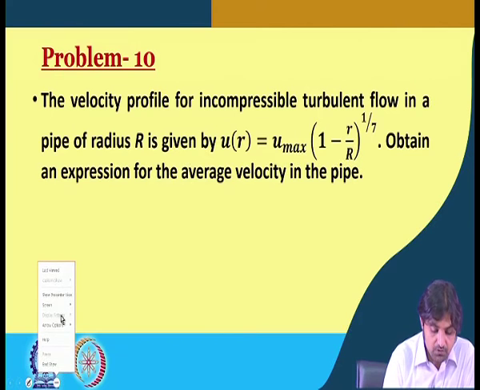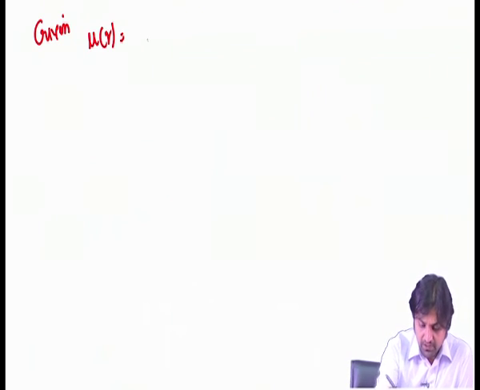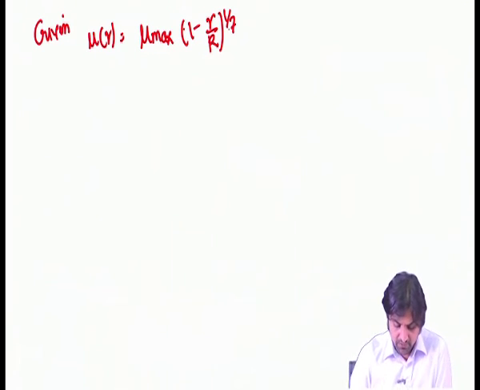We simply go to the white screen and we write, given: u of r is u max into 1 minus r by R to the power 1 by 7.